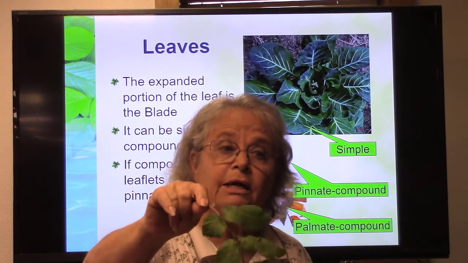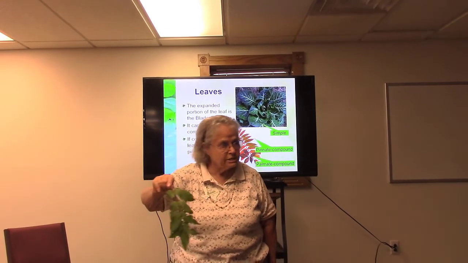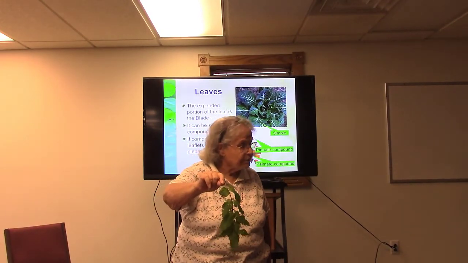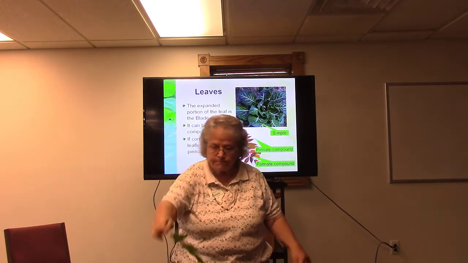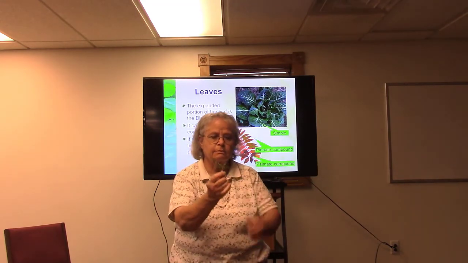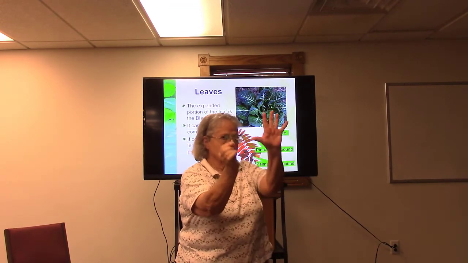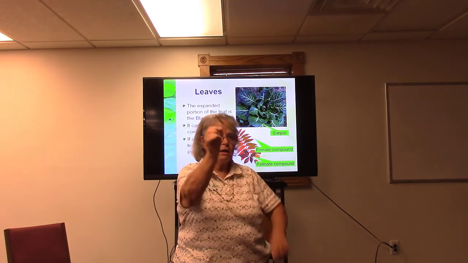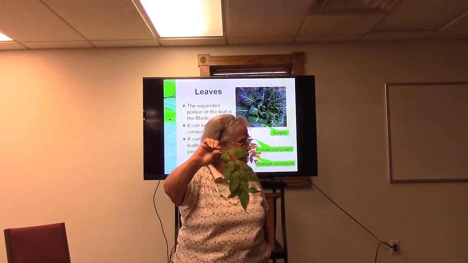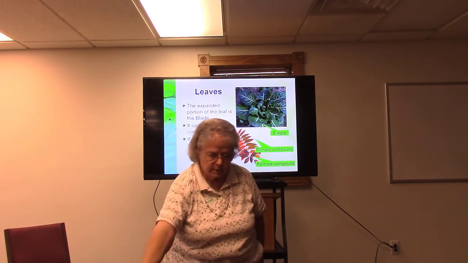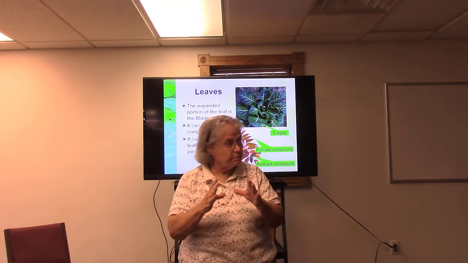What did pinna mean? Just told you. What is pinna? It's feather. All right? Let that remind you of a feather. But these all come from one spot. Palmate. Palmate compound. Pinnate compound. And if they were all just one piece, they'd be simple.